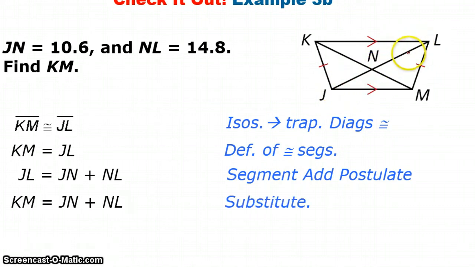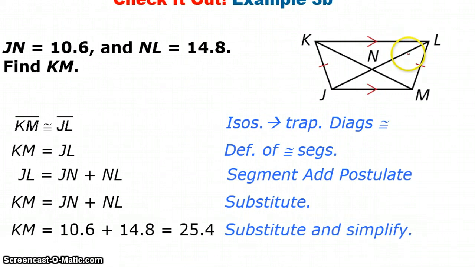And if we add those together, we get that 10.6 plus 14.8 gives us 25.4. And since we know that these diagonals are congruent to each other, we can then conclude that KM is also 25.4.